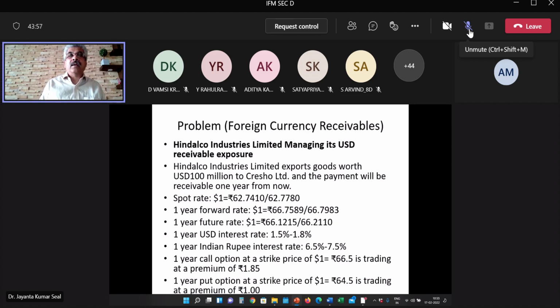You will be receiving $100 million from Creso Limited, which will be utilized to repay the loan of $100 million. Does it make sense? So how much can you borrow today in order to repay $100 million after 1 year?